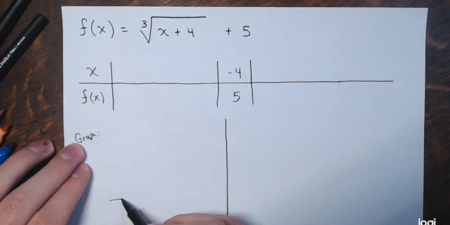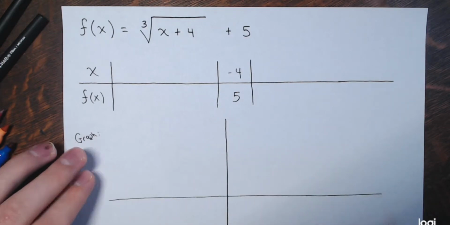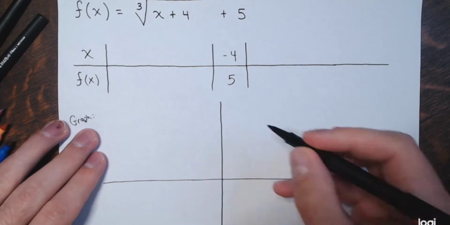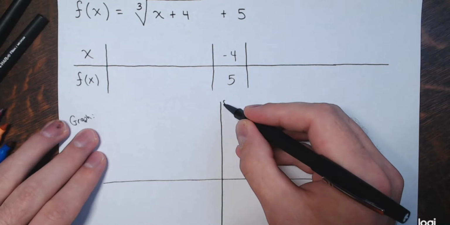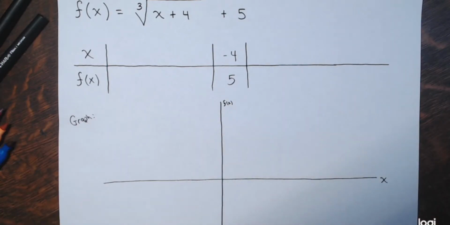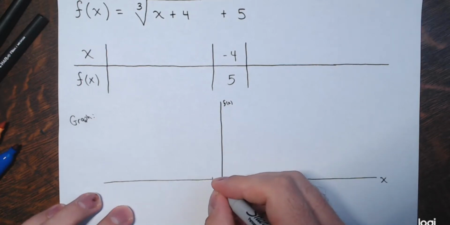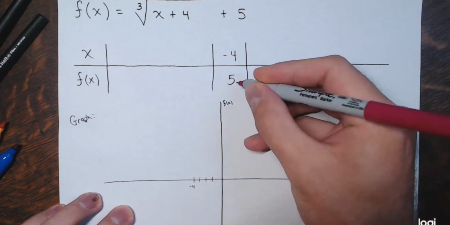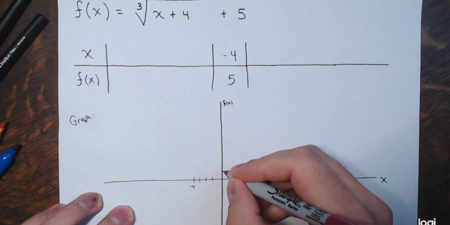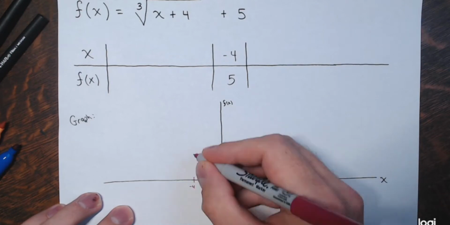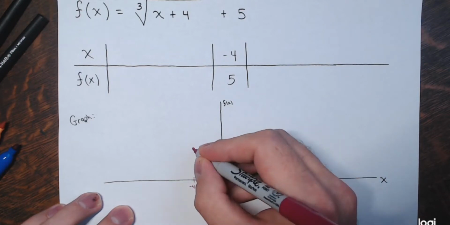This is just a hand drawing, so it might not be the best looking thing, but here's inputs x, and then outputs f of x, or y coordinates if you want to call it y. Then -4 on the x, 5 on the f of x axis. So -4, 5 is a point on this graph.